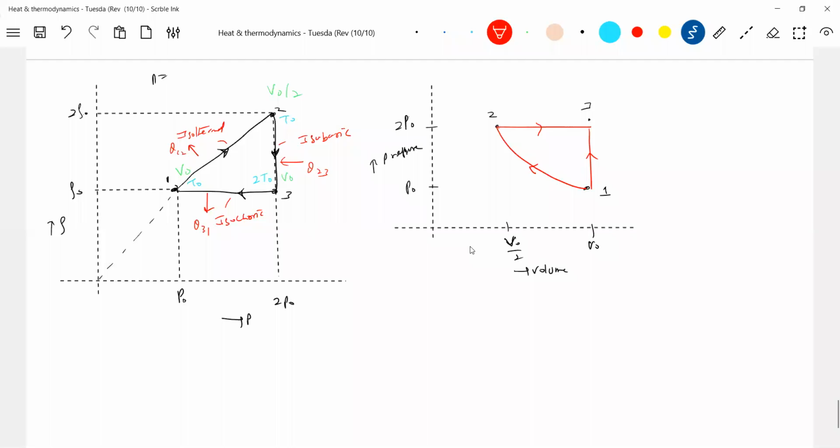This will be a cyclic process, efficiency will be positive. After this, we'll go for VT graph.